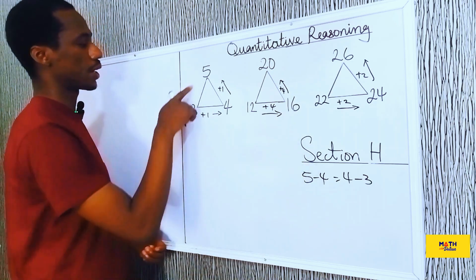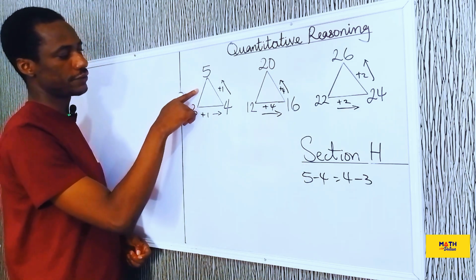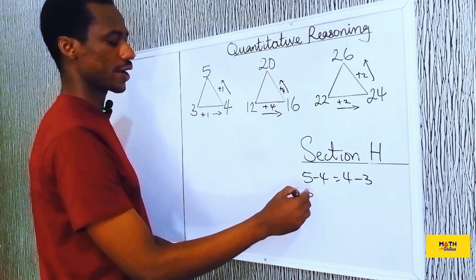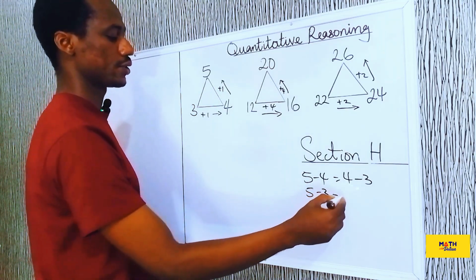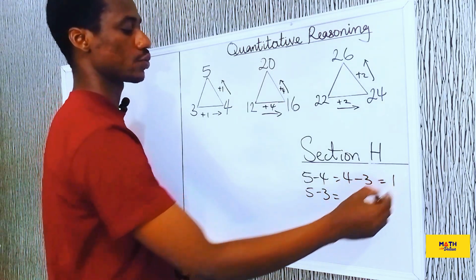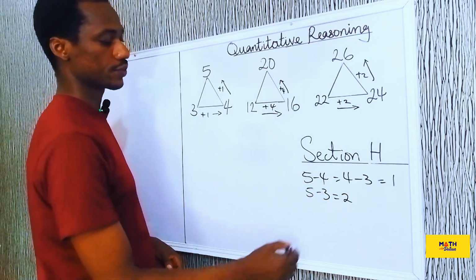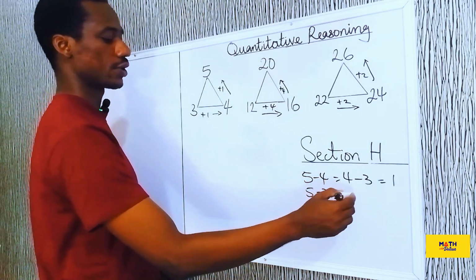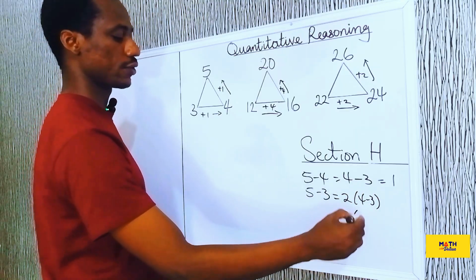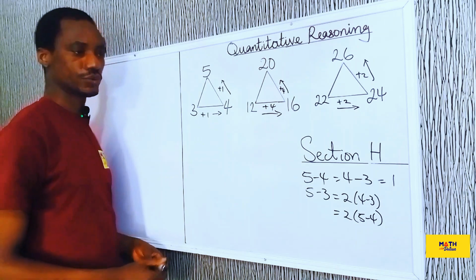But if you only have this part, that means the difference here will be double of this one. So if I subtract 5 minus 3, I'm going to have 2, which is double of 1, twice of 4 minus 3, or even twice of 5 minus 4. Do you understand that?